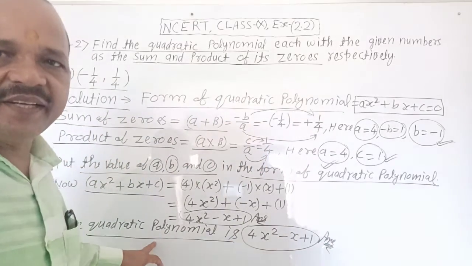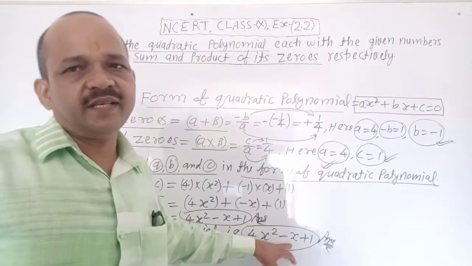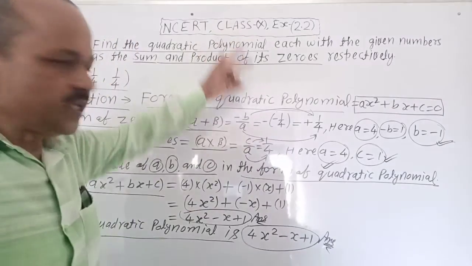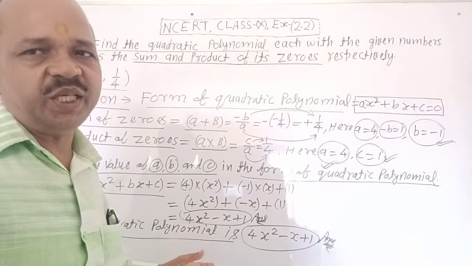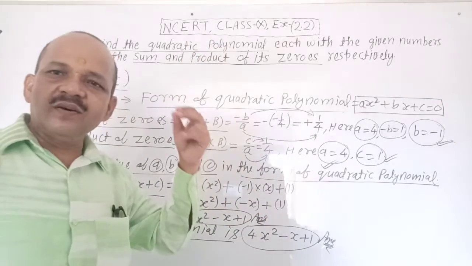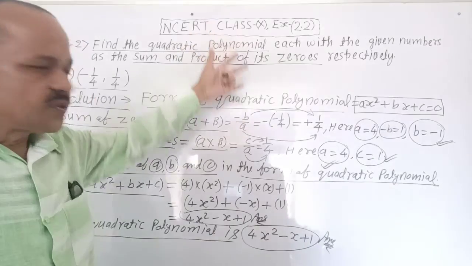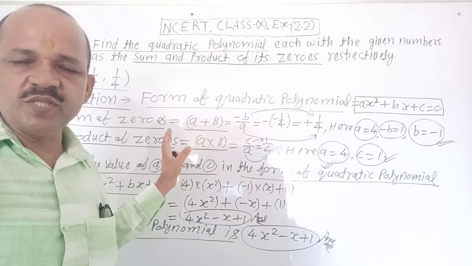You find the quadratic polynomial 4x square minus x plus 1. It is clear? No confusion about it? Very good. In this way you can solve any question. Solution is clear? No confusion about it?